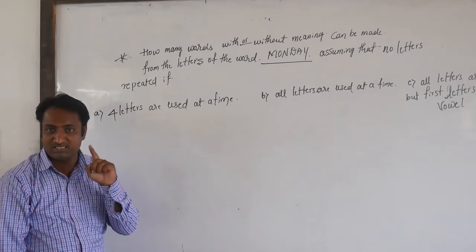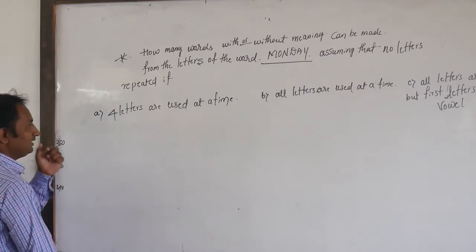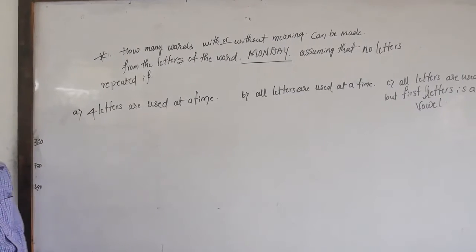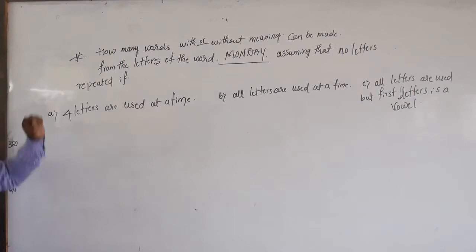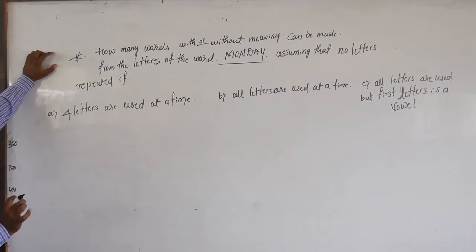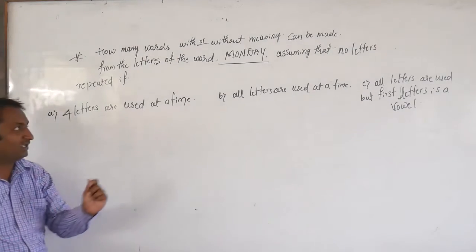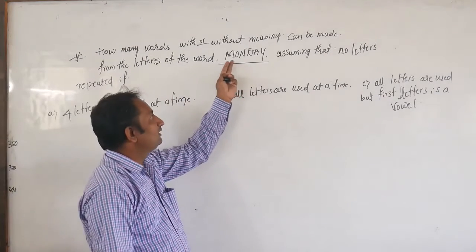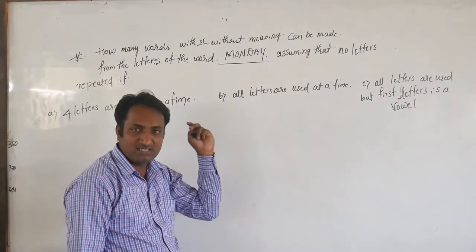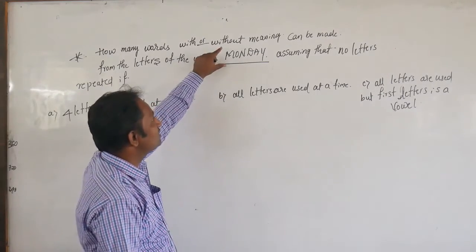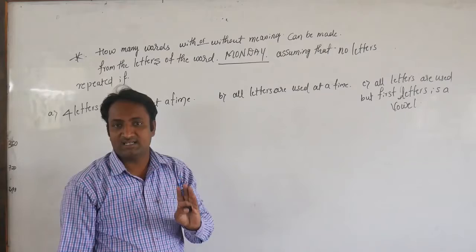There are 3 problems belonging to this one. How many words with or without meaning can be made from the letters of the word MONDAY? The given term is MONDAY, consisting of 6 letters.